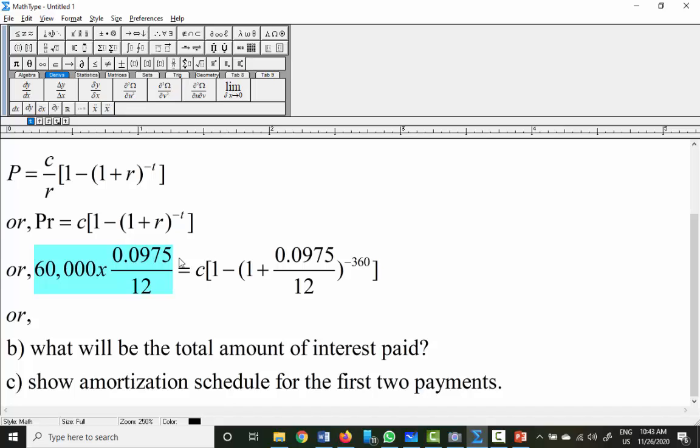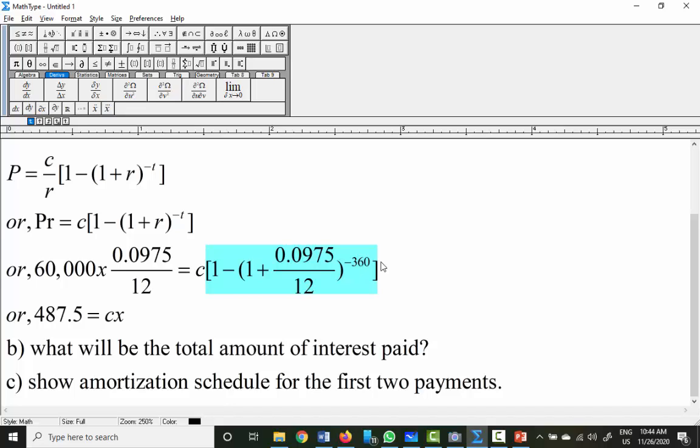So 60,000 multiplied by 0.0975 divided by 12, we should get 487.5, which is equal to C multiplied by, now let us calculate this one.